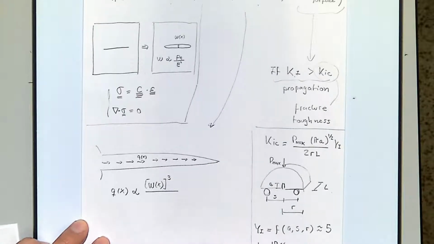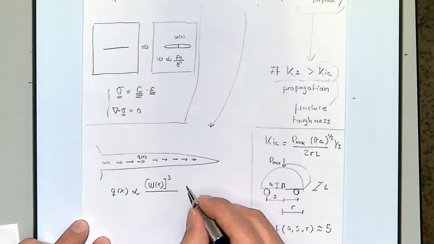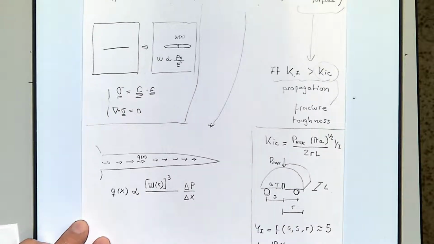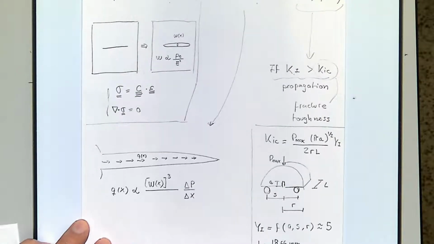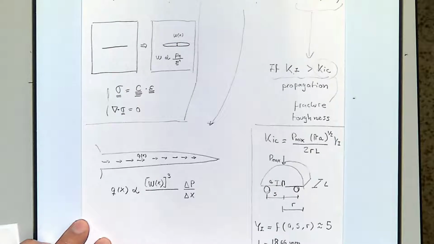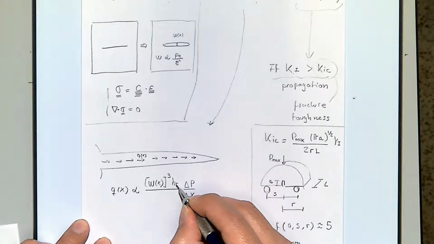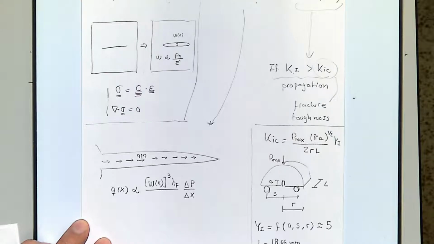What else? Pressure, but specifically not pressure, but the gradient of pressure, right? So delta P, delta X, the higher the gradient, the higher the Q. And what am I missing here? Area. Technically area. Height. So we have width, and we also may have height. So there you have your area. What else?